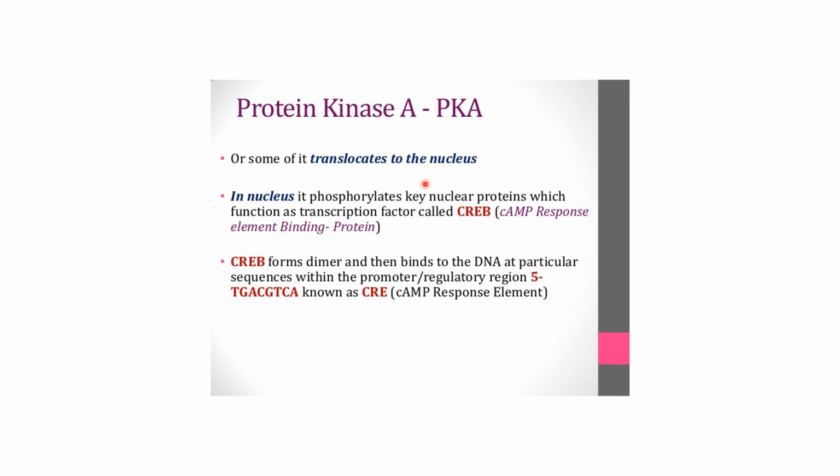Protein kinase A not only controls the synthesis of enzymes required for the degradation, but also has a function in the transcription factor CREB, which has a binding place on the DNA for the synthesis of other proteins. CREB forms a dimer and then binds to the DNA at particular sequences within the promoter or regulatory region.